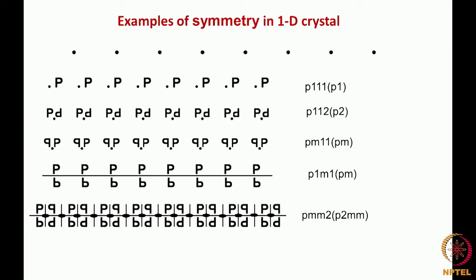This one will get 2-fold rotation. Then along this if I put a mirror, okay, now there is a mirror symmetry. In this direction also there is a mirror symmetry. So, along x direction now we have a mirror, y direction there is a mirror, z direction there is a twofold. So the symmetry which we have is Pmm2, we write it, primitive mm2, P.